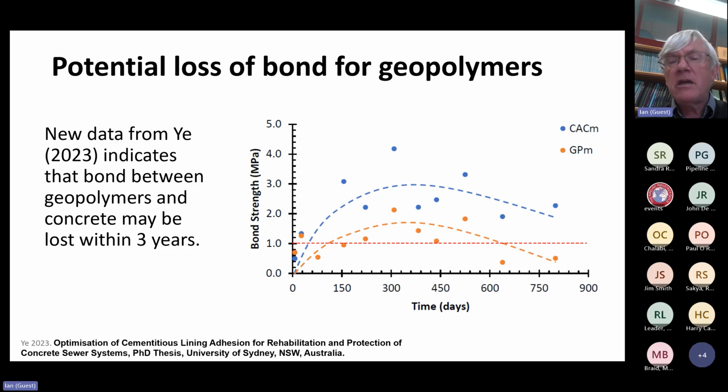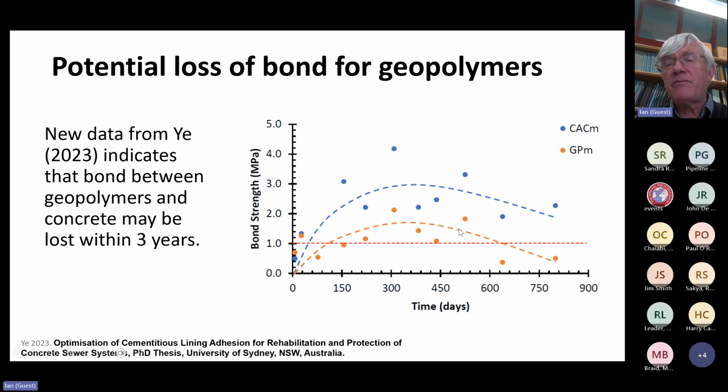And what they found is that within about 3 years, different geopolymer mortars, which are many of the commercial products available in the industry, have been showing a significant loss of bond between that geopolymer mortar and the host pipe, whereas the conventional cement materials tend to keep their bond much longer. The data is only available for about 2.5 to 3 years.